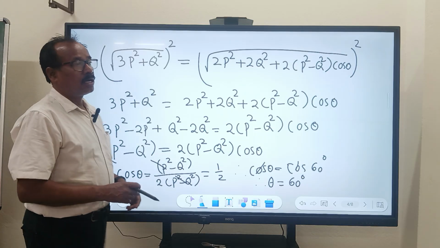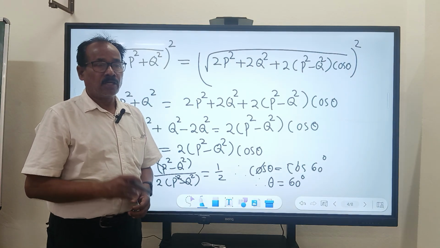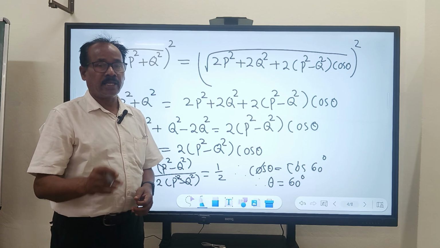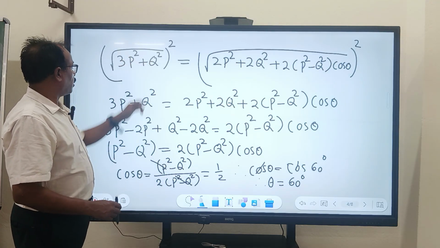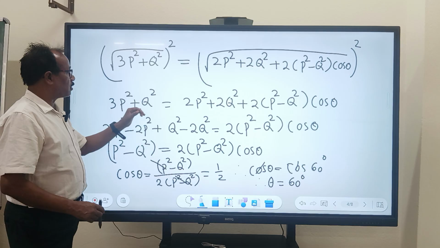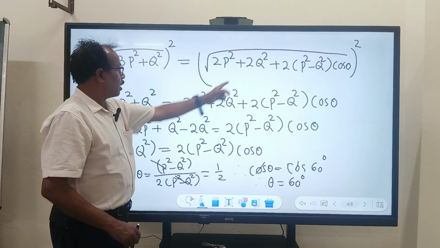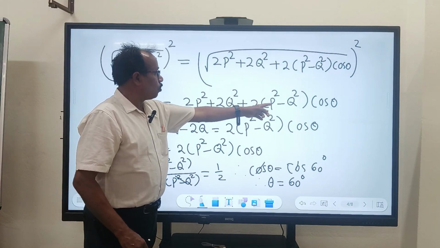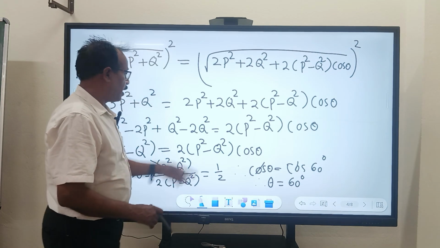You know that root over A, whole square, is equal to A. Suppose root 3 whole square is equal to 3. Therefore, 3P square plus Q square is equal to 2P square plus 2Q square plus 2 whole into P square minus Q square cos theta.